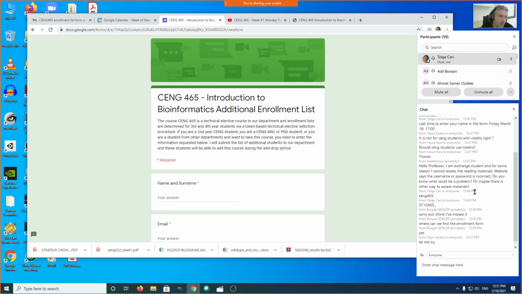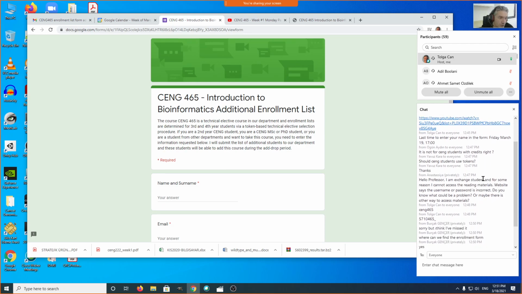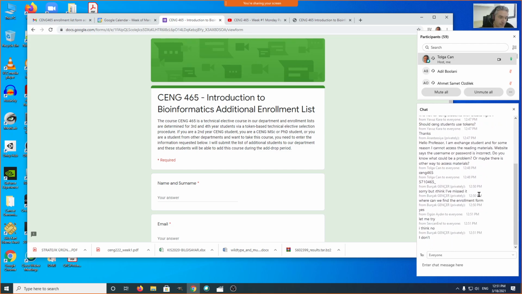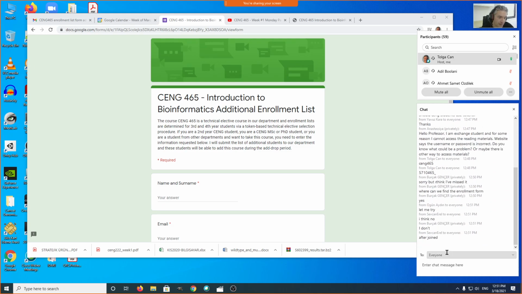So when you join late, do you see the previous chat transcript that we had written here, or do you just see the chat transcript starting after you join? Oh, you don't see the previous chat transcript. Okay, so let me copy the form link again for those students who have come in late. Okay, you see after you join.